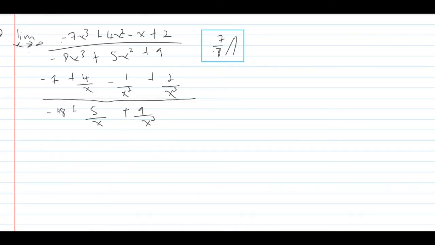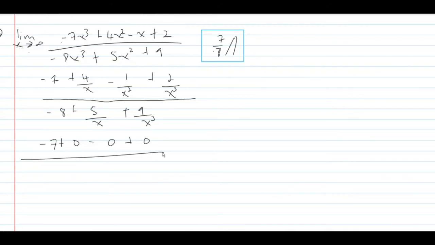So now that we have divided each term by x cubed, the next step is to find the limit of each term. When I find the limit of negative 7, I will be left with negative 7, right? The limit of 4 over x is 0. The limit of 1 over x squared is 0. And the limit of 2 over x cubed is 0.